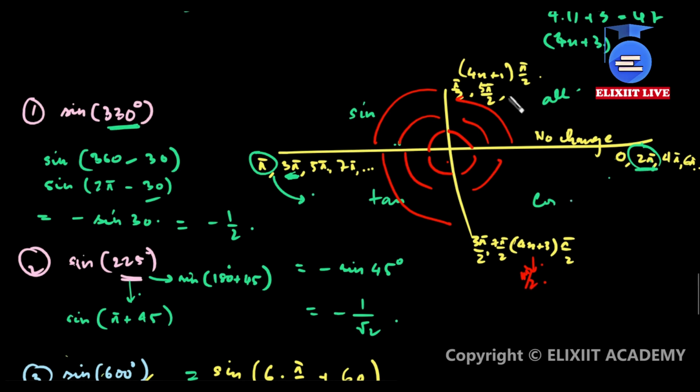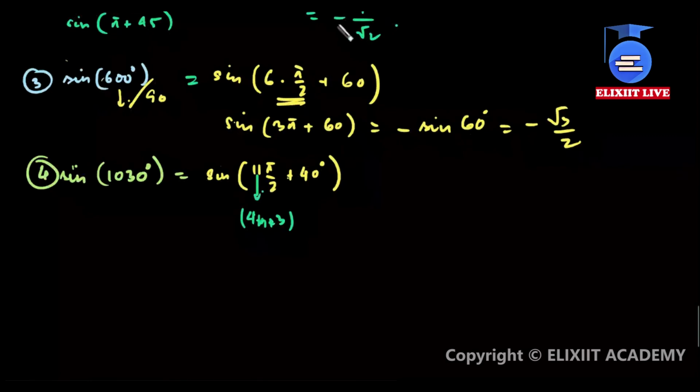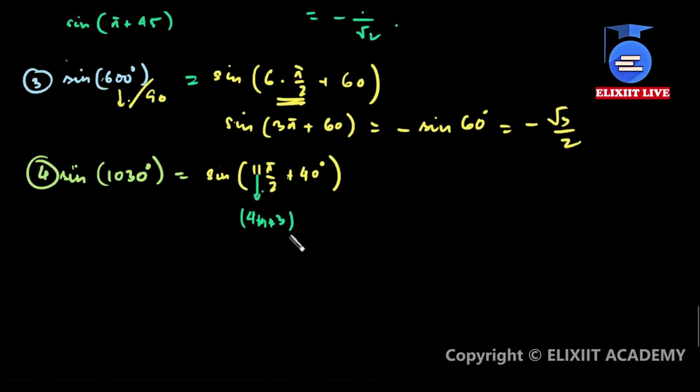11 pi by 2 plus theta. Theta will lie over here in the fourth quadrant. First of all, we have 4n plus 3 pi by 2 plus 40, which means odd multiples of pi by 2, so there will be a change, simple change.